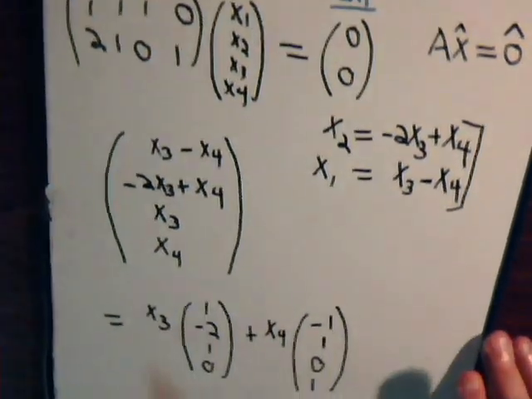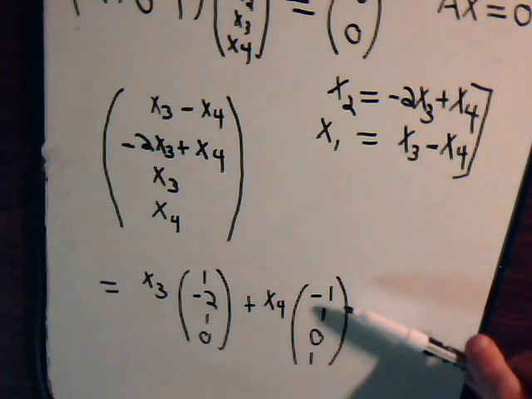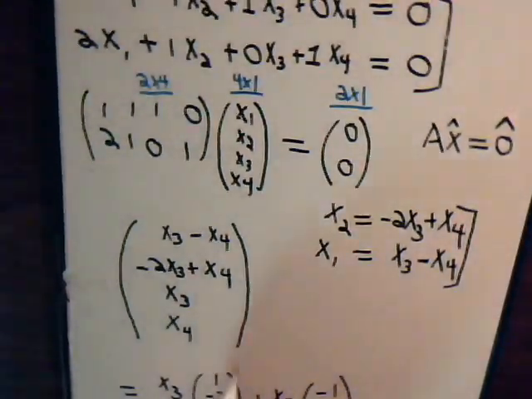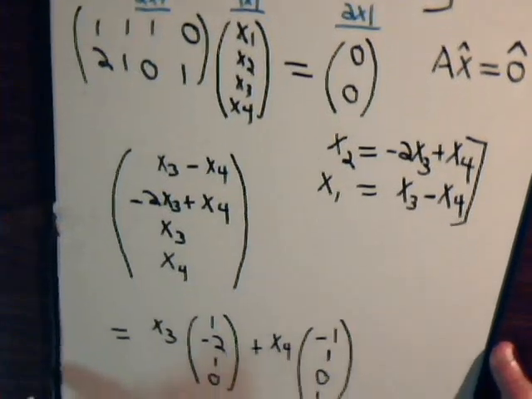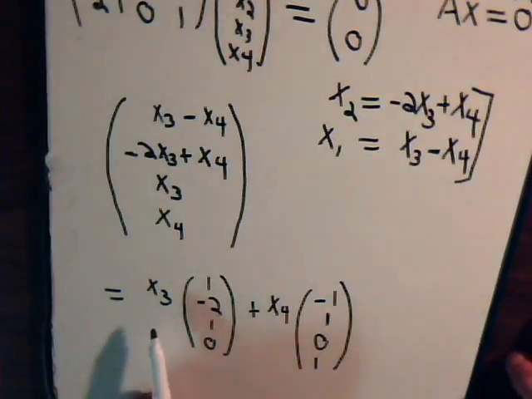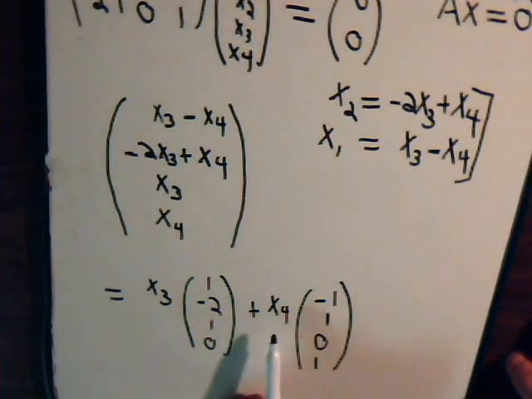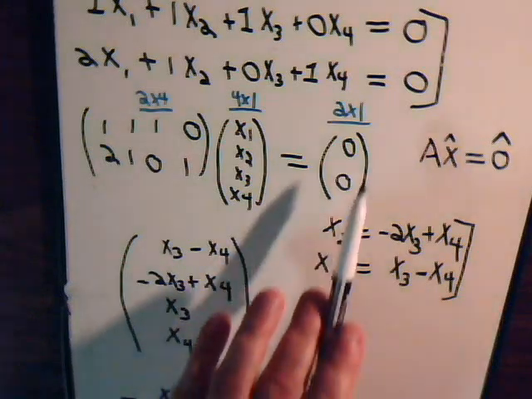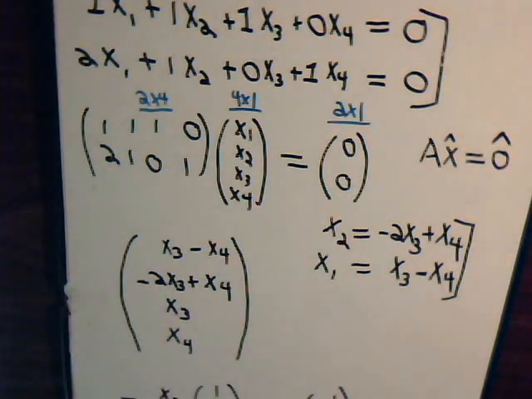Or, if we put these numbers here, and put that into there like that, we would get 0, 0. Or, if we had any constant times this plus any constant times this, put it in there, you'll get 0, 0.